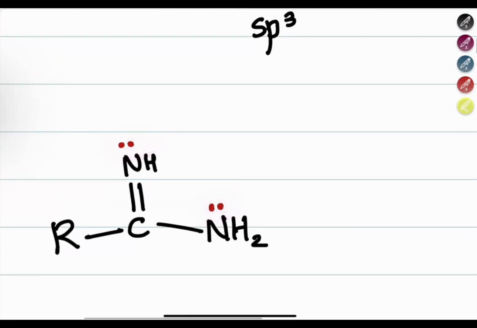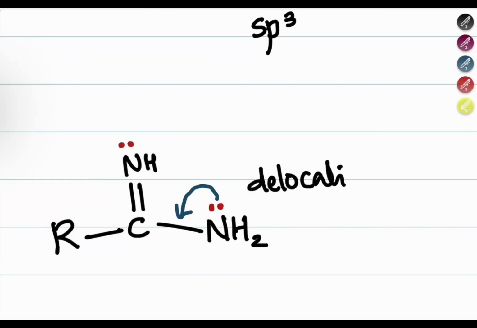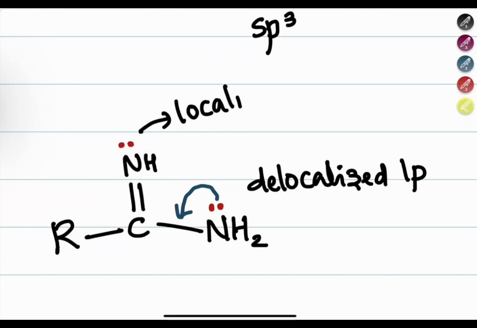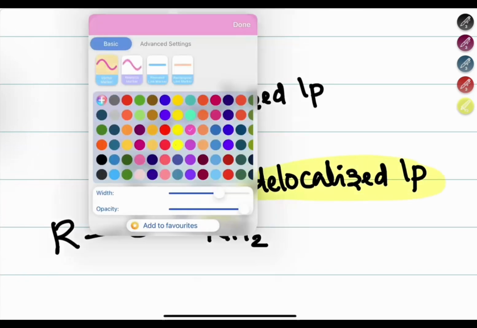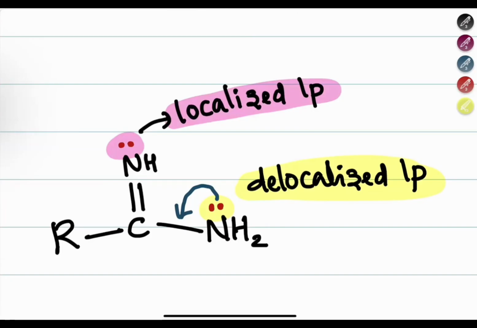Here, the first lone pair can take part in the delocalization. The lone pair which is taking part in the delocalization, we'll call a delocalized lone pair. And this lone pair which is not taking part in the delocalization, we'll call a localized lone pair. Okay, so this is the delocalized lone pair and this lone pair is the localized lone pair.